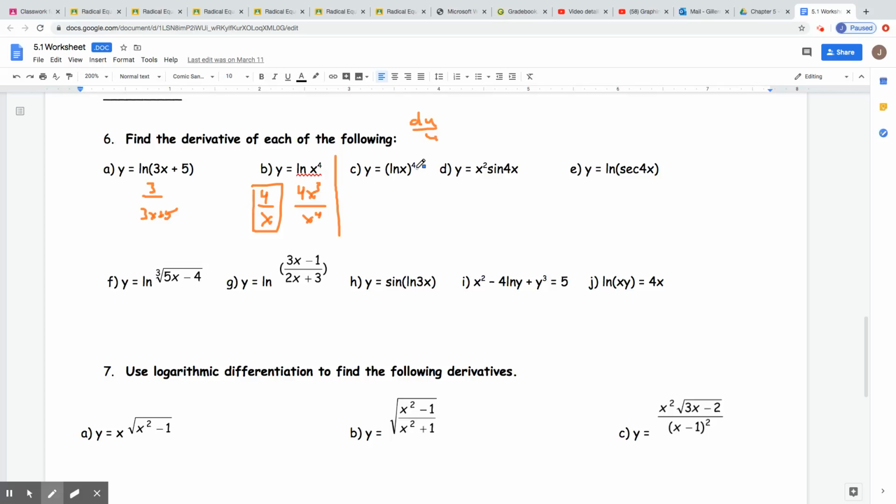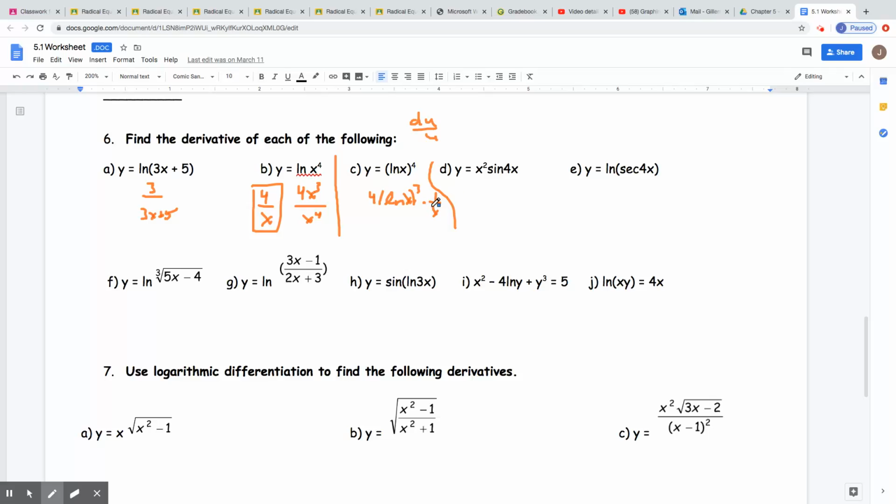This is like a chain rule. You got to bring the 4 out front, keep the inside the same. The 4 then becomes a 3, and then you take the derivative of the inside, which is just 1 over x. The derivative of natural log of x is 1 over x. So you can just leave it like that. You can put all of that over x to combine it into 1, but leaving it like that is also just fine.